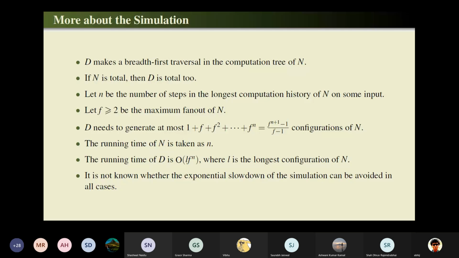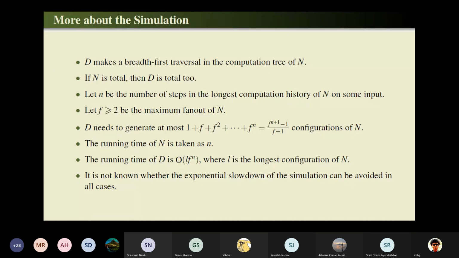The NTM takes only n steps. Whereas this DTM, you see that it's a function of n, but n is appearing in the exponent. So there is an exponential slowdown, from n steps to something power n.